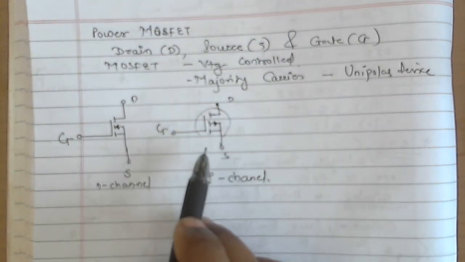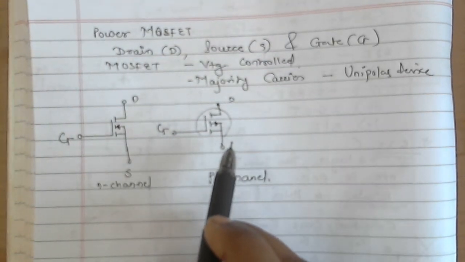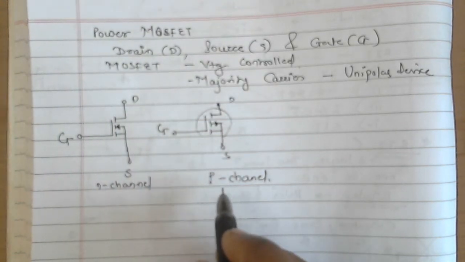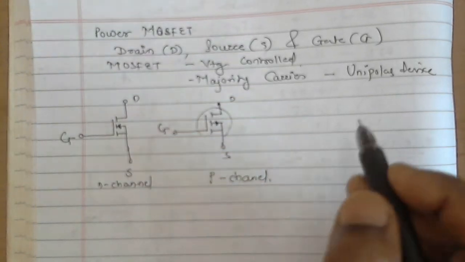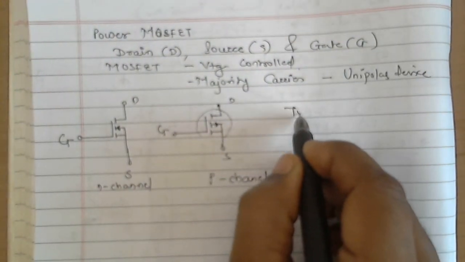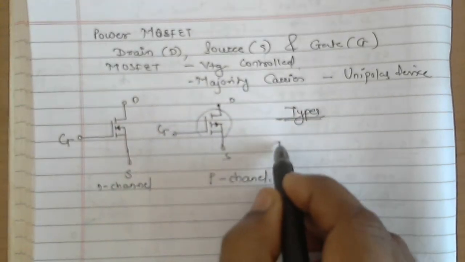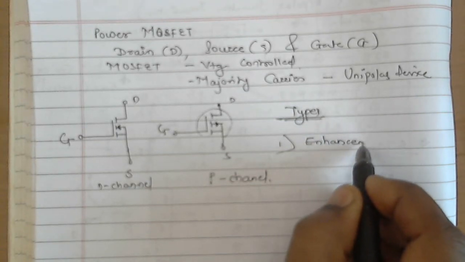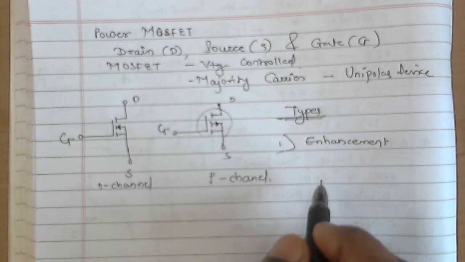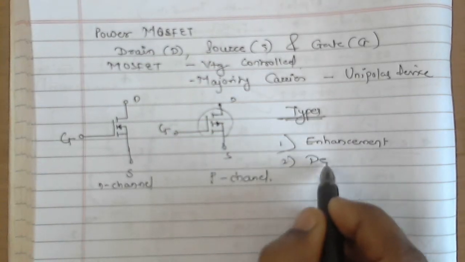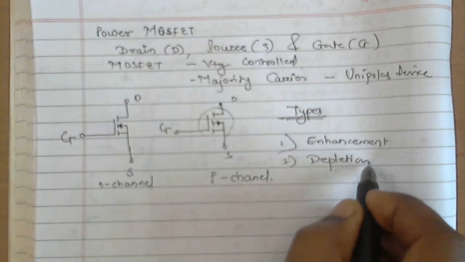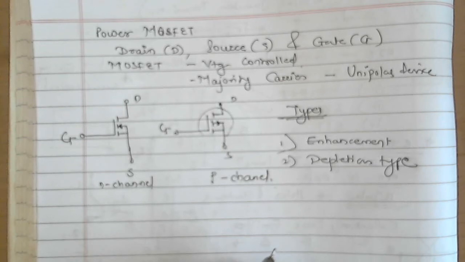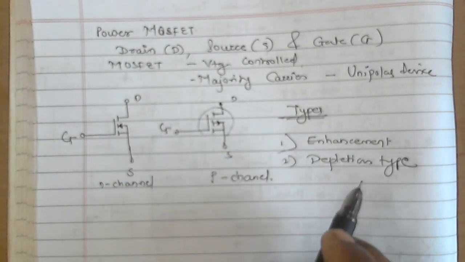Now to turn on a MOSFET, we have to give a gate voltage. Similarly, to turn it off, we can simply remove the gate voltage. MOSFETs are generally of two types: one is the enhancement type MOSFET, and second is the depletion type MOSFET, depending on construction.